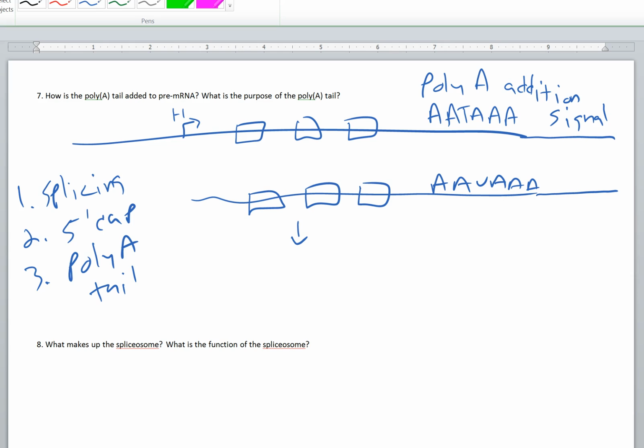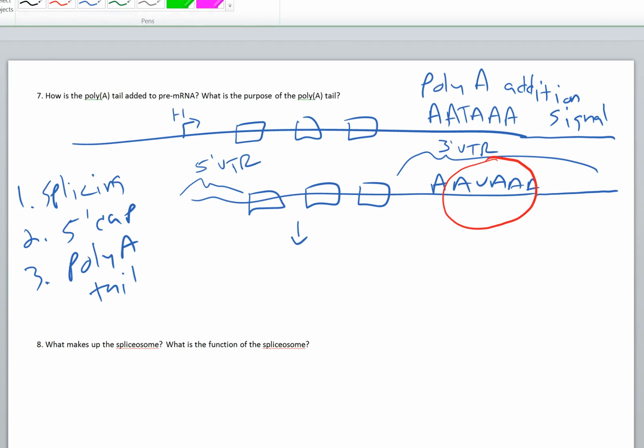So this is in the 3' UTR. And this is the 5' UTR. Both bacteria and eukaryotes have a 5' UTR and a 3' UTR. That's untranslated region. And there's a protein complex that recognizes this and then cuts. No, it doesn't cut it there.